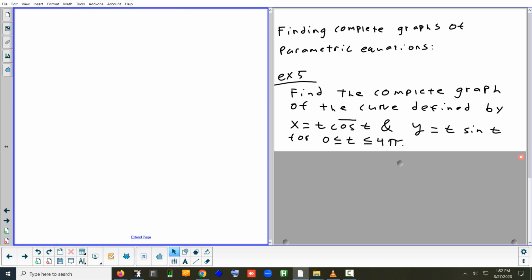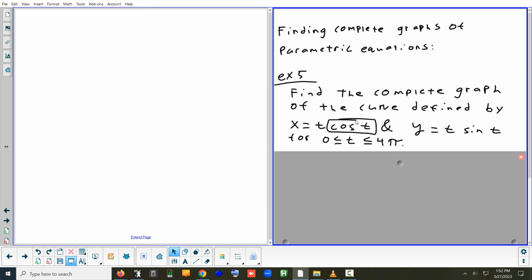Now, what's the biggest that cosine can ever go? Like if you take the cosine of something, what's the highest cosine gets? 1.